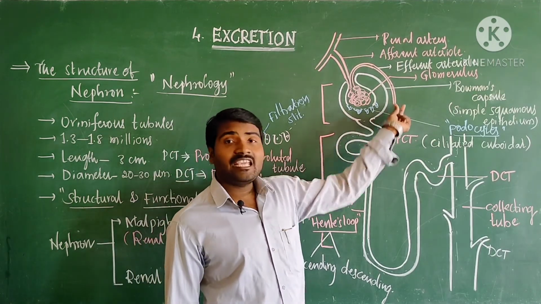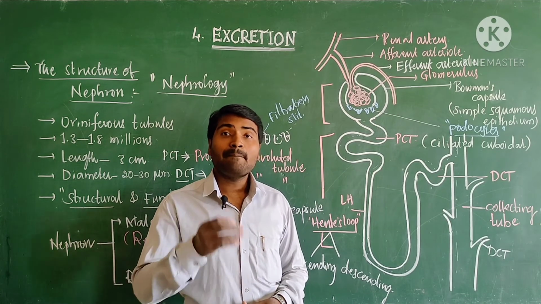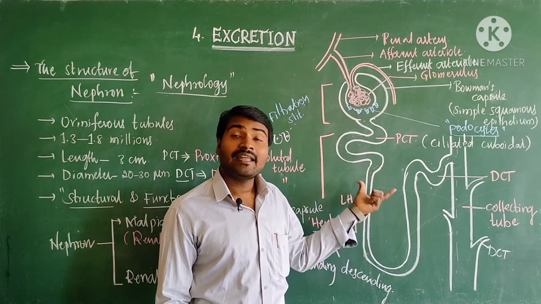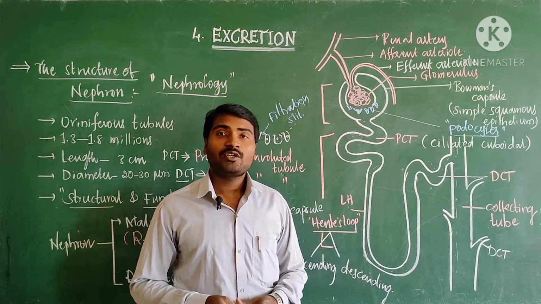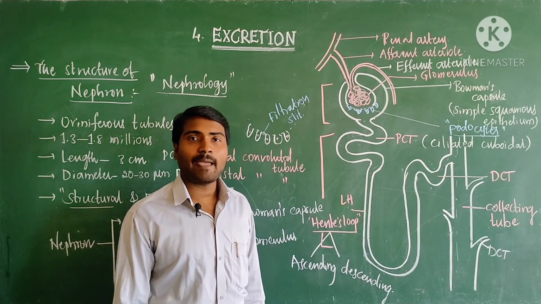Now this efferent arteriole makes a network over this tubule. That network of capillaries which forms over the tubule part of the nephron is known as peritubular capillary.